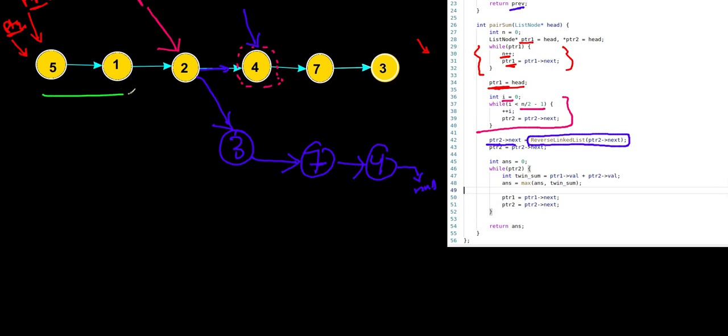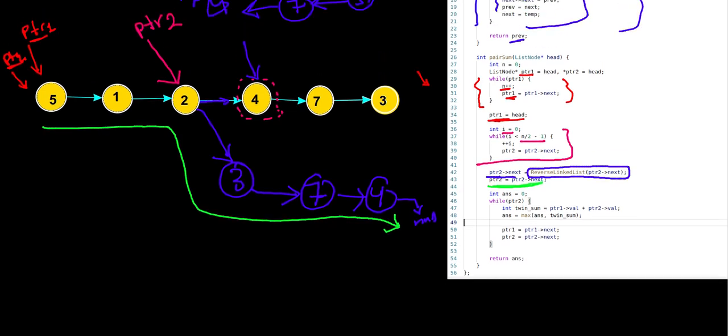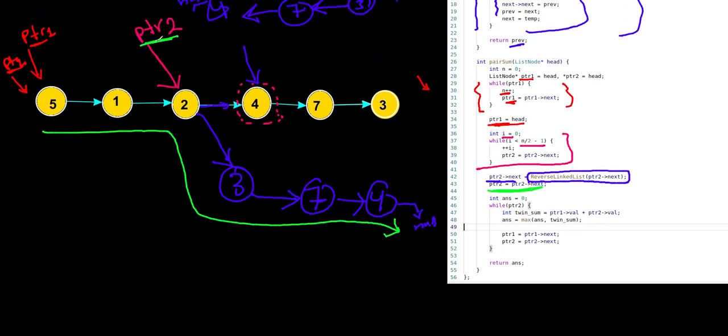Now this linked list here becomes our new linked list. What we need to do now is move the pointer to exactly the middle of the linked list. So this is pointer 2, we move it to the middle.